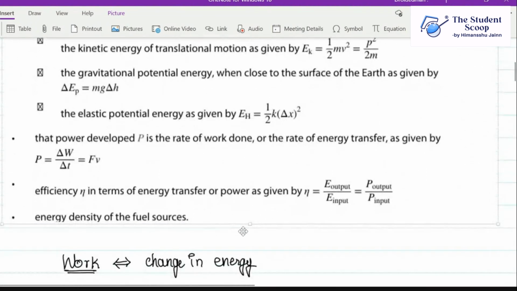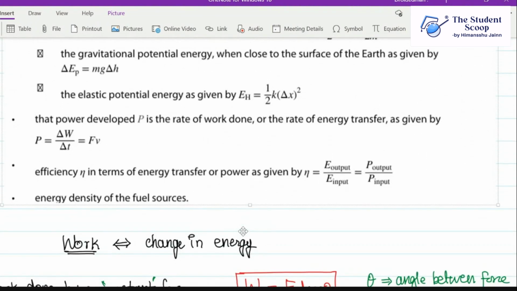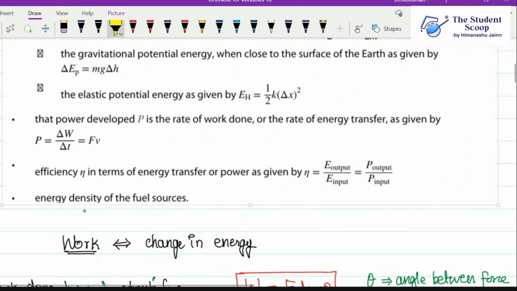Okay. So let's start with one important point that whenever there is some kind of work that has been done by any kind of force, it will always result in some kind of change in energy. And it can be any kind of energy, kinetic, potential, different types of energy.